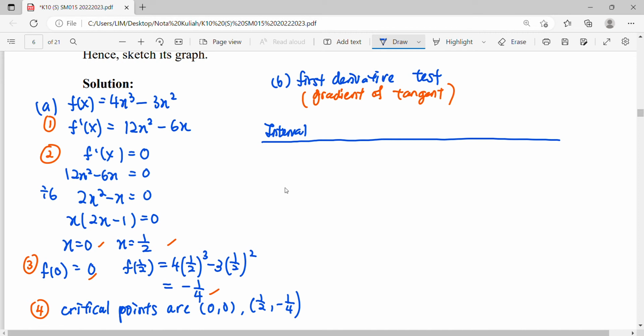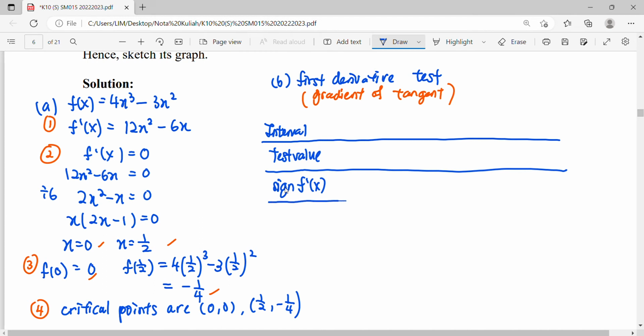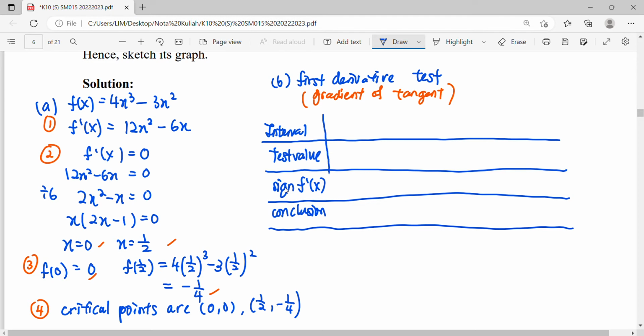Then we test a value, because we want to know the sign of the first derivative, and then see the gradient of the tangent. So how do we obtain the intervals? We observe our critical points here.